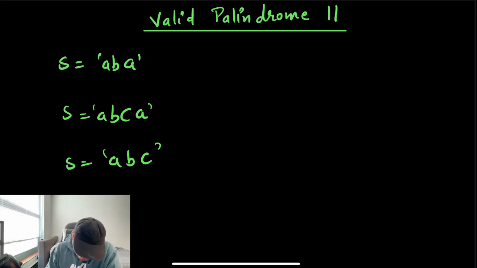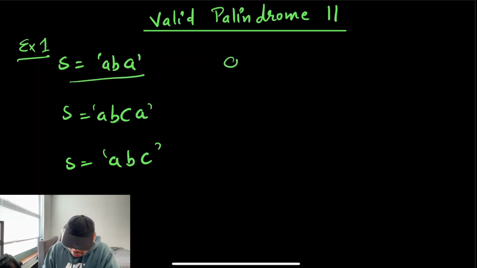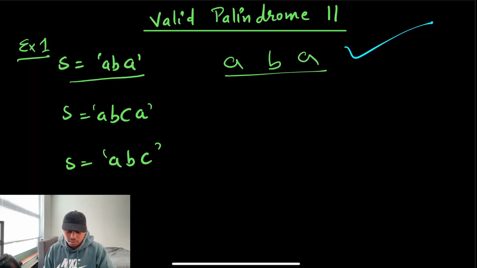So this is example 1. Is it a palindrome? It's already a palindrome. A, B, A, it's a palindrome, right? How about A, B, C, A? So here's the thing. This is where we use this delete at most one character part.